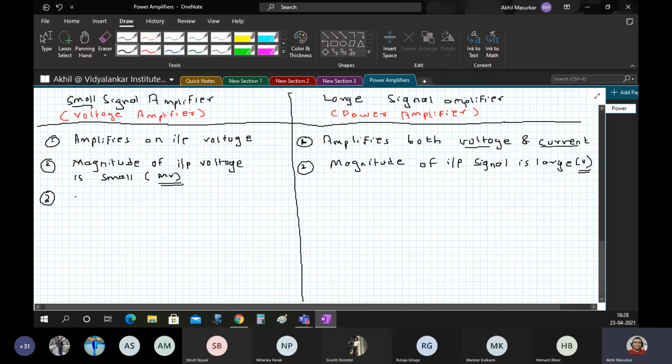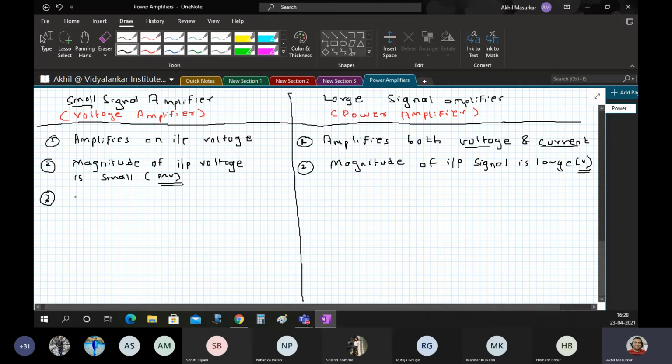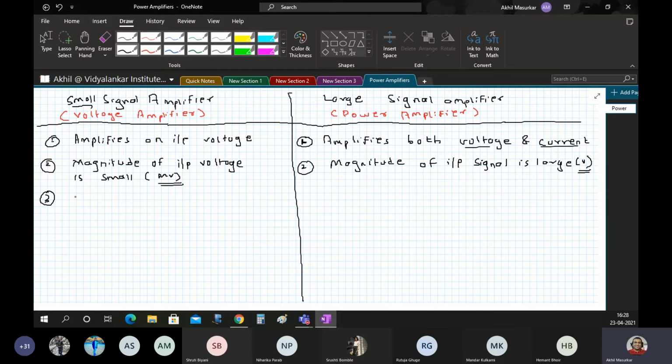I am talking to you right now. My voice goes into a microphone and then to my computer, where an A to D converter with an inbuilt op-amp amplifies my voice, and then it is digitized and comes over to you, and through your speaker my output comes out.